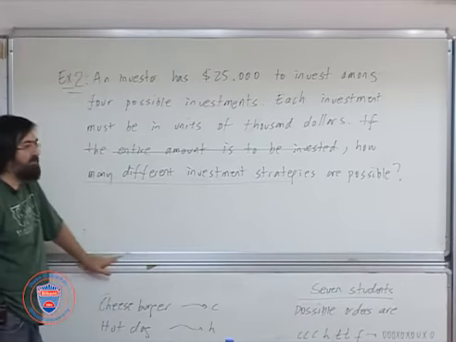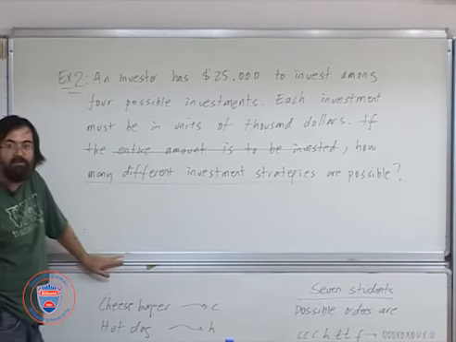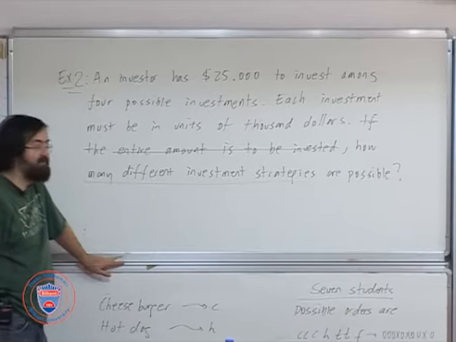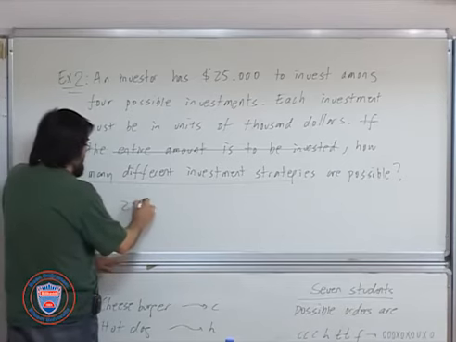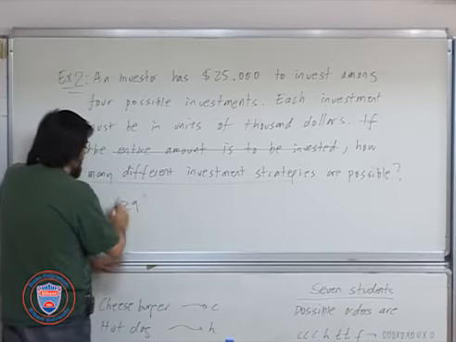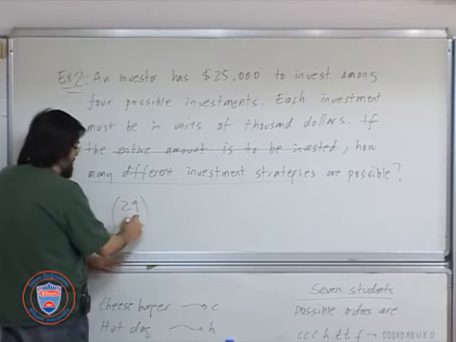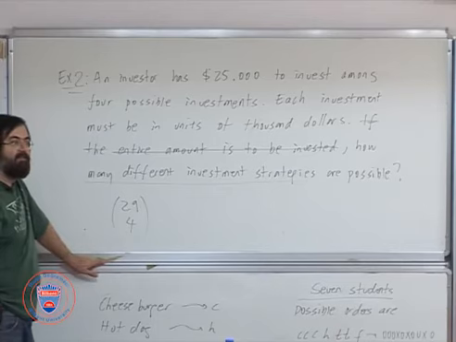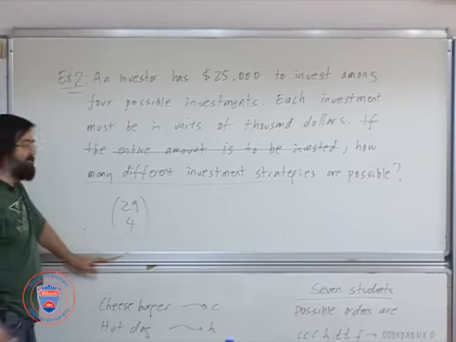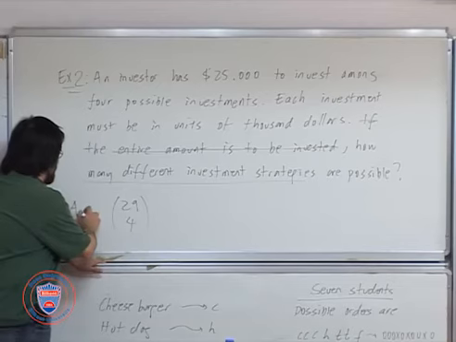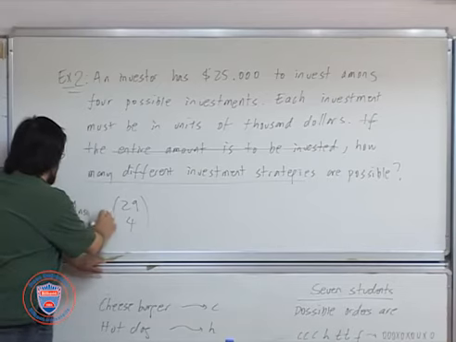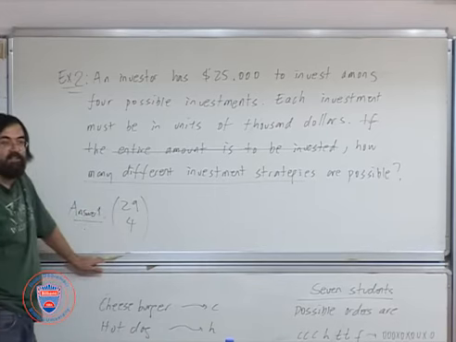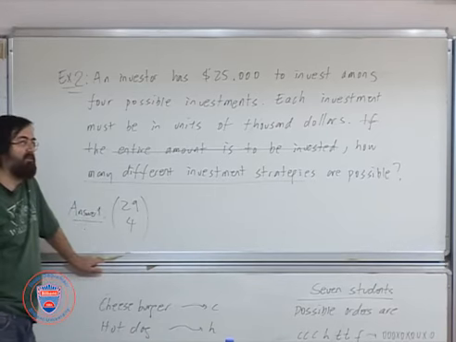So what should the answer be? 29 choose 4. Good. This is the first answer we got. Any other answers that you can give me?